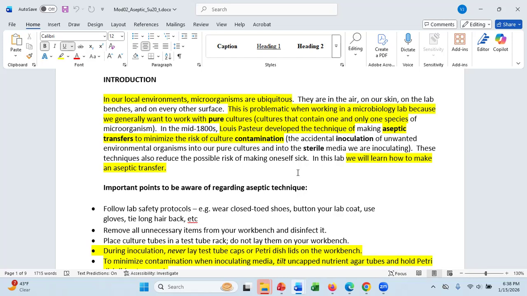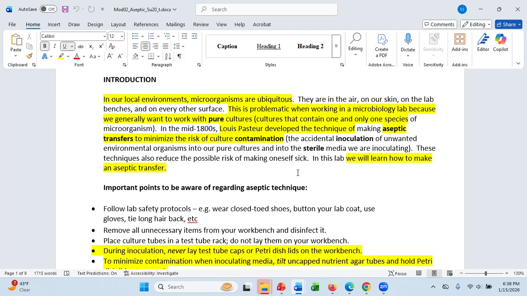And we'll talk about how Dr. Kaur, am I saying that right? Came up with an easier way of obtaining a pure culture, and he simply streaked out his bacteria on a plate.